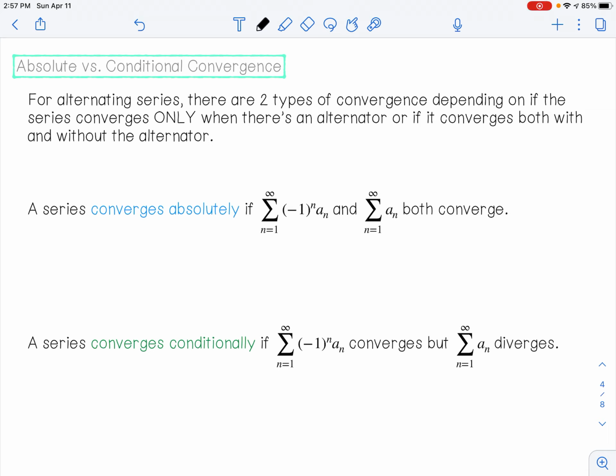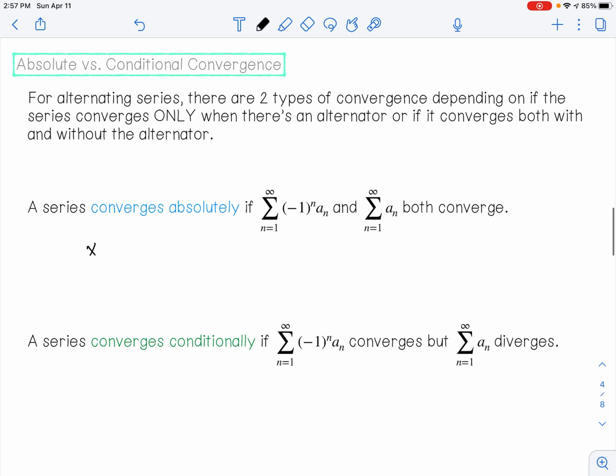So we say a series converges absolutely if the alternating series and the non-alternating series both converge, so it converges both with and without an alternator.